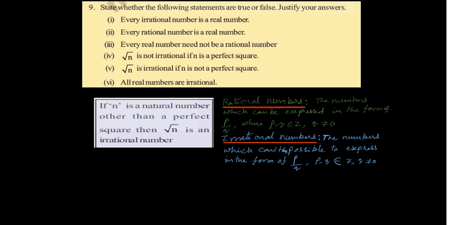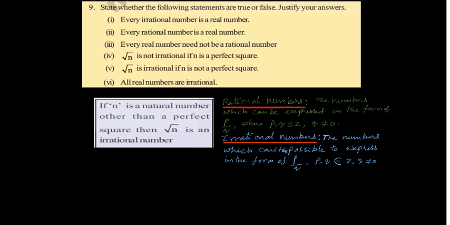3 points about rational and irrational numbers. First, you may look there. What are rational numbers? The numbers which can be expressed in the form of p by q, where p, q belong to Z, q is not equal to 0, are called rational numbers.